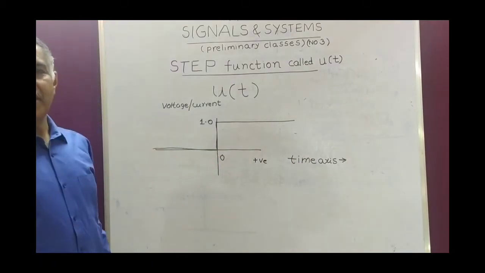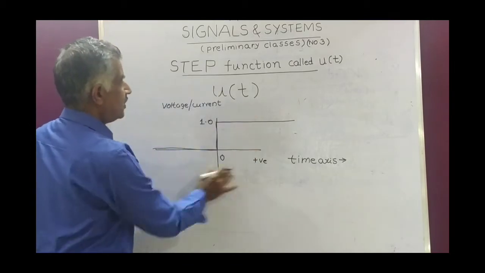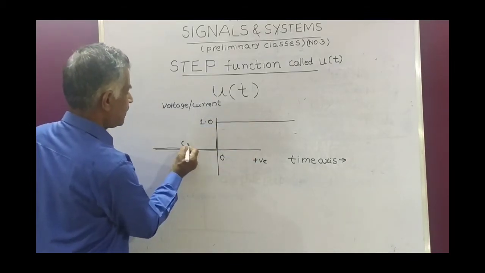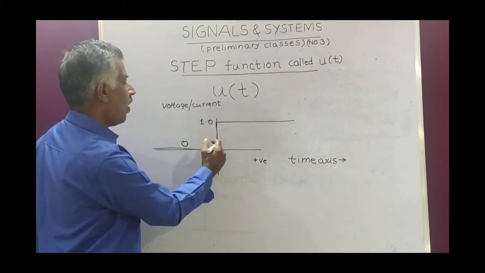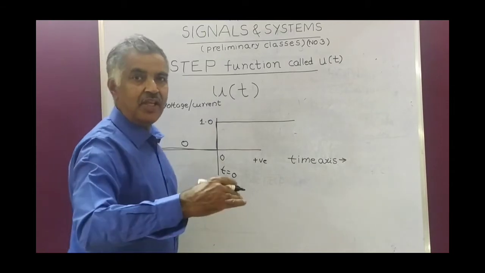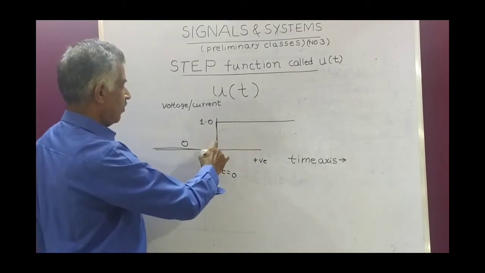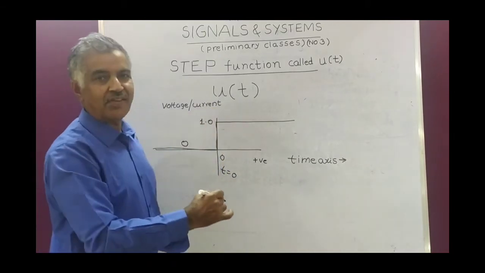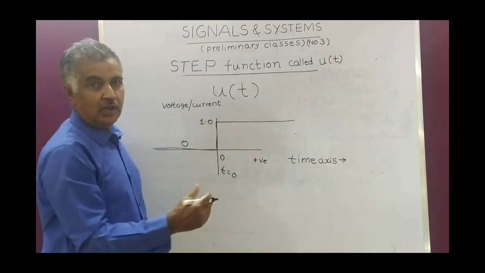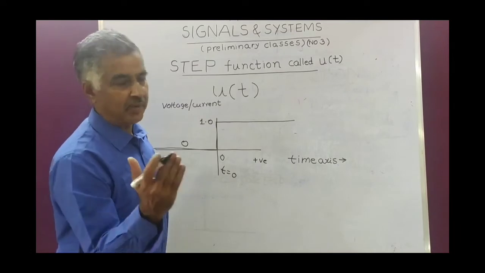So what is u(t)? This is u(t). There is a sudden change in the level. This is the 0 level, and all of a sudden at t equals 0, a change in the level takes place from 0 to 1. So there is a sudden jump from the 0 level to a level of 1. So 1 volt or 1 ampere.